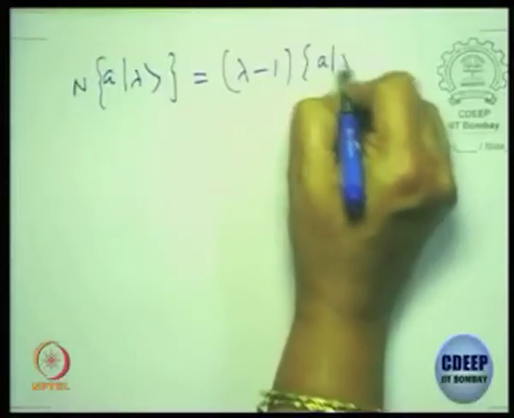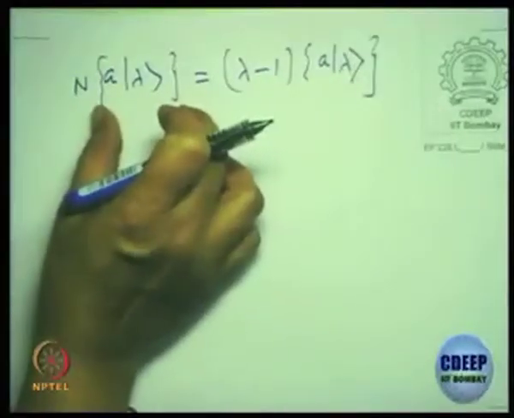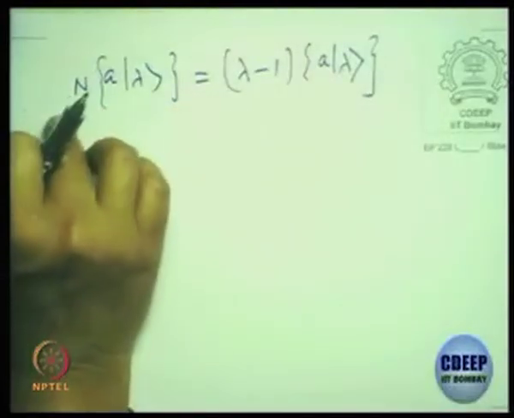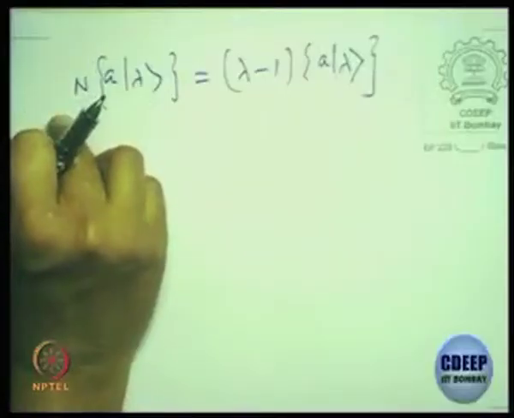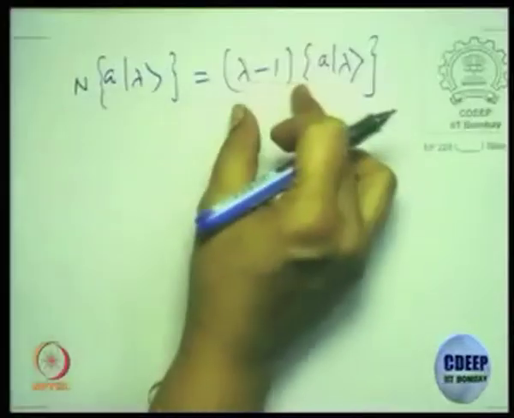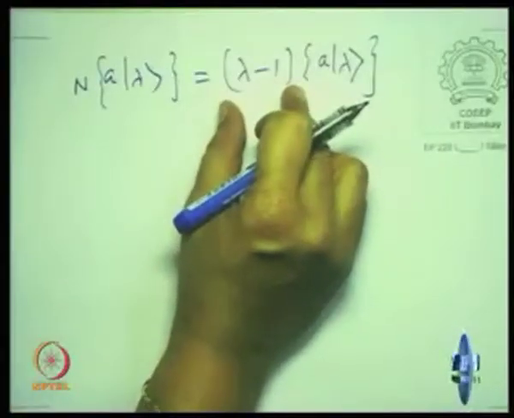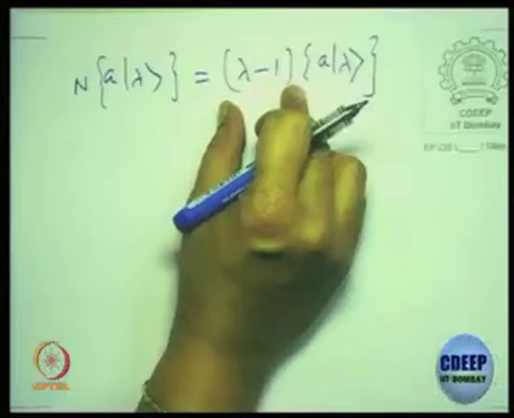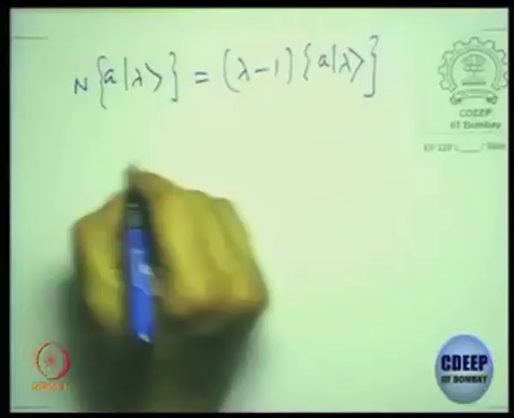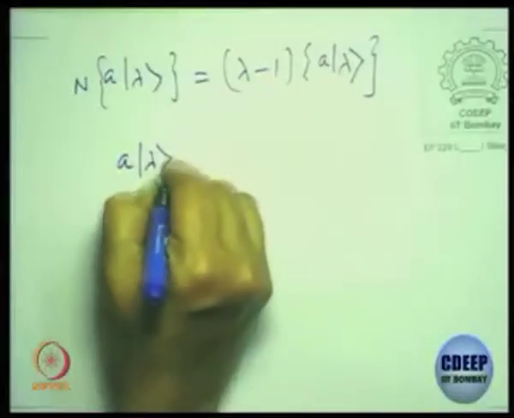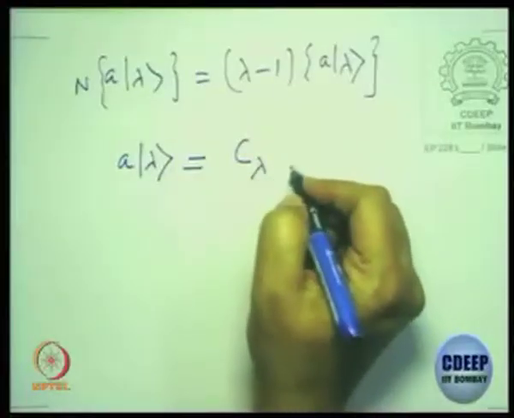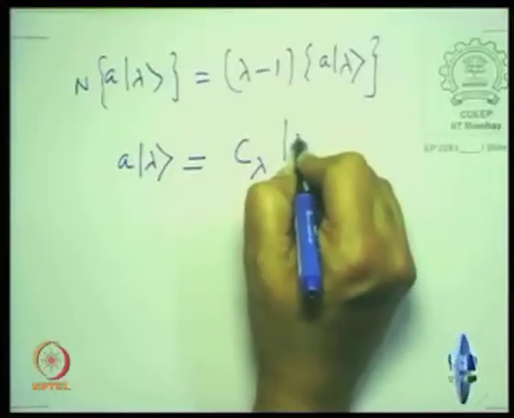So this could be a new state, but the new state is again an eigenstate of the number operator with eigenvalue lambda minus 1. What can you infer from here? I should be able to write A of lambda to be some coefficient times lambda minus 1.